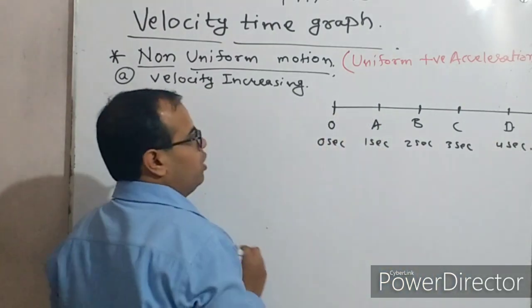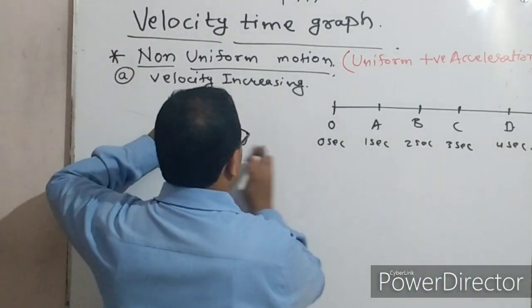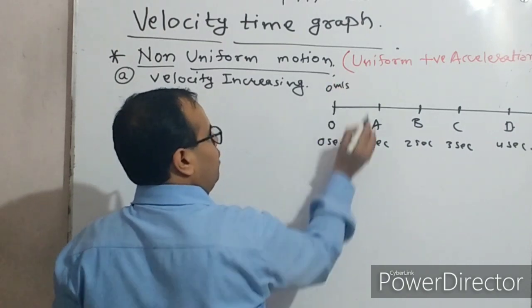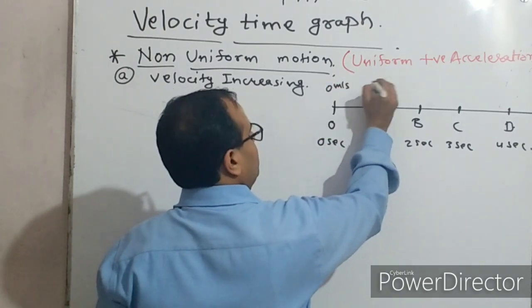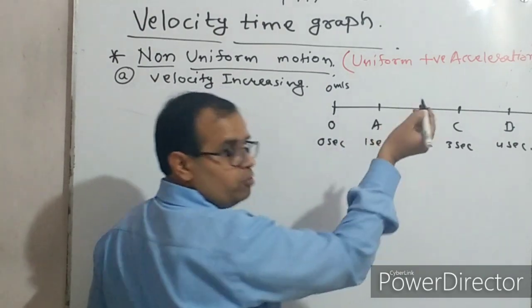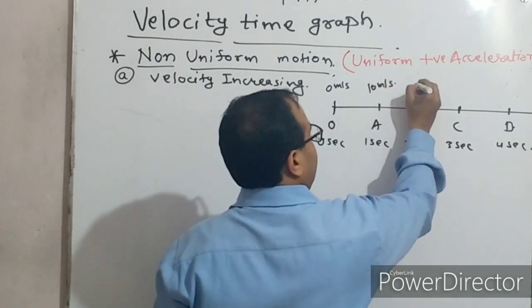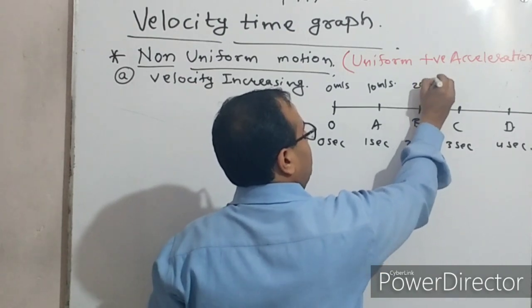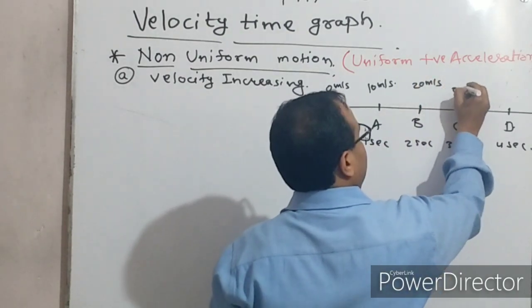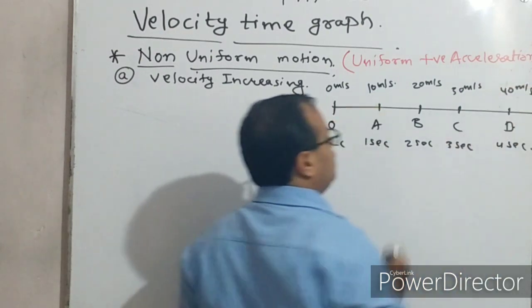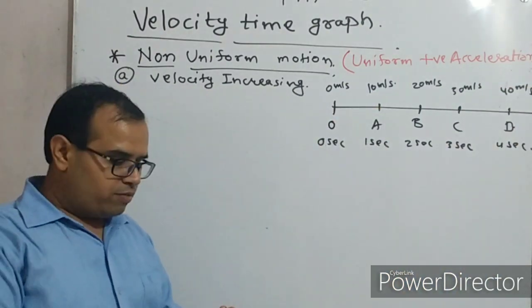Here the velocities are, suppose initially the velocity was 0 meter per second, then after 1 second the velocity becomes, say there is uniform change, 10 meter per second, then 20 meter per second, then 30 meter per second, then 40 meter per second. So here you can see that there is uniform change in the velocity.